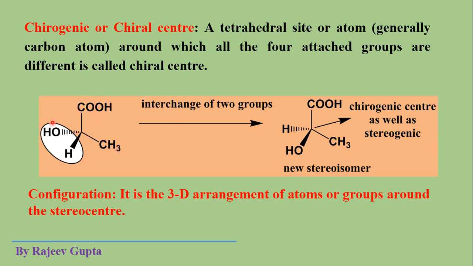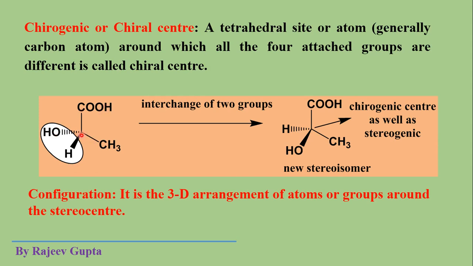This is carboxyl group, this is hydroxy group, this is hydrogen atom, and this is methyl group. So all the four groups are different, which are directly attached to this central tetrahedral carbon atom.